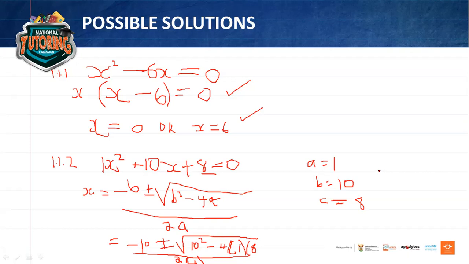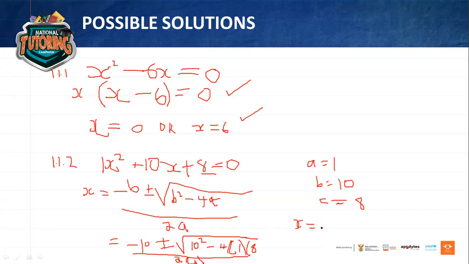So if you substitute that in your calculator using plus and minus, you're going to use your calculator, guys. I think you know how to do your calculator. Make sure it is in the degree mode.